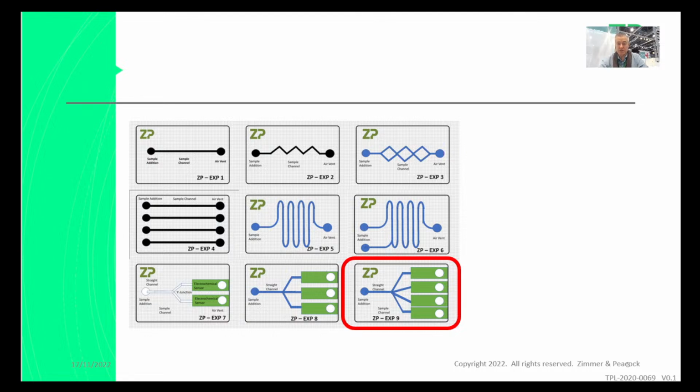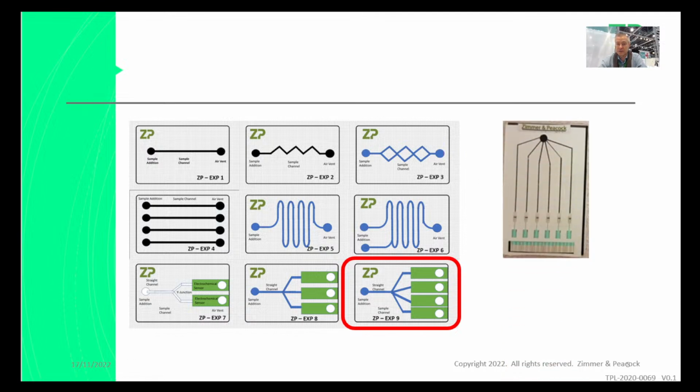If you want to make a device like this and have one sensor here, maybe sodium, maybe lactate, maybe oxygen, maybe potassium, maybe chloride, maybe hematocrit, there's really no issue.